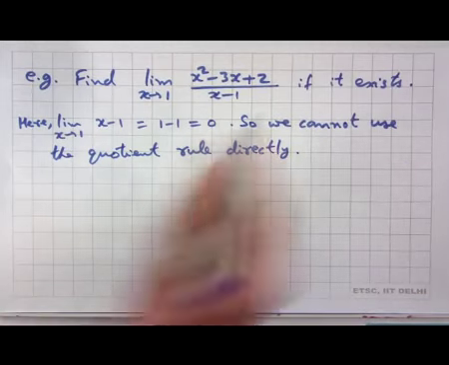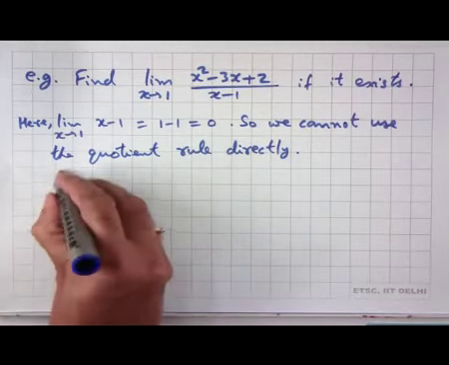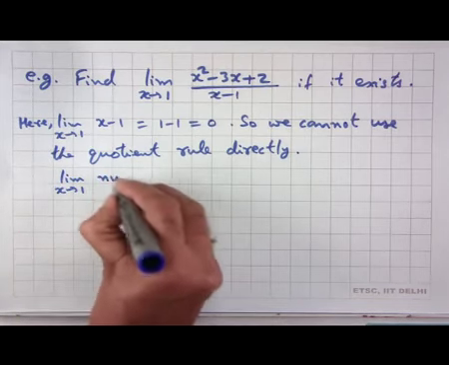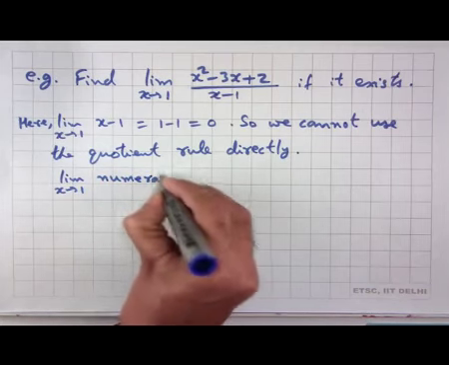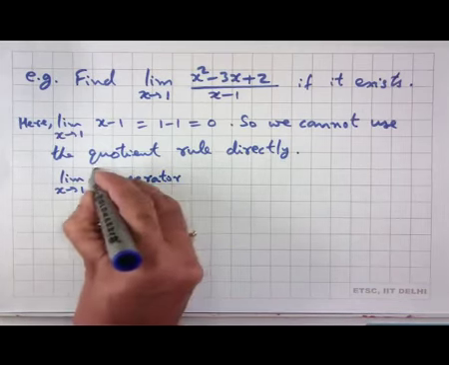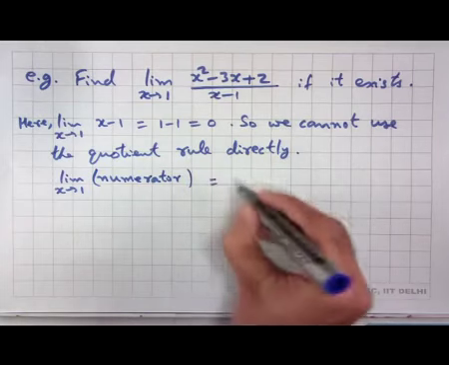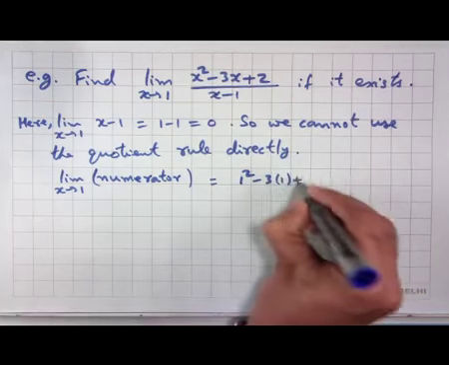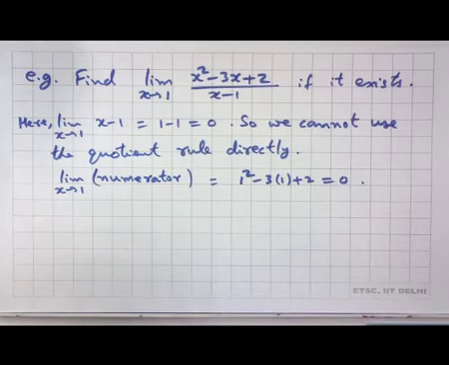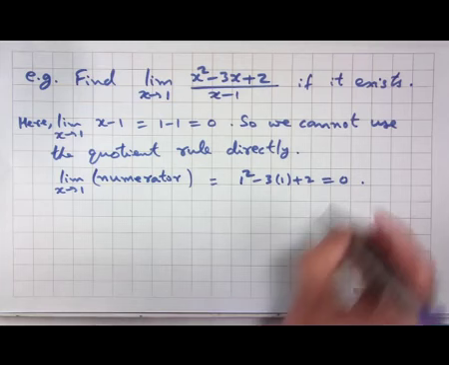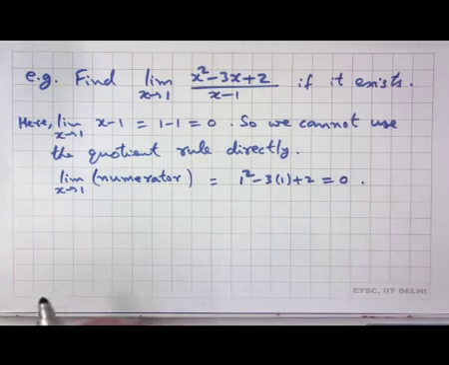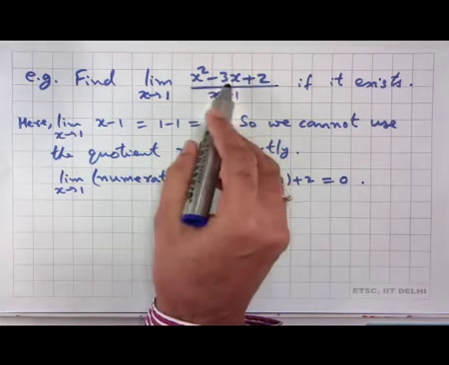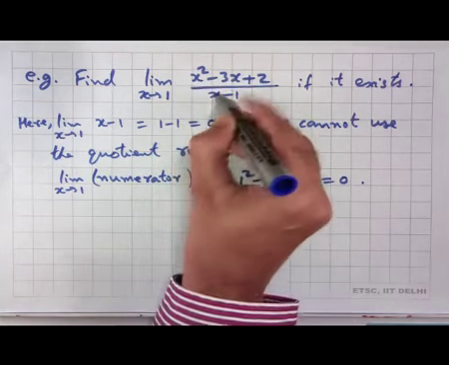But if we see the limit of the numerator, that is again 1 square minus 3 times 1 plus 2, which is also 0. So, the limits of the numerator and denominator are both 0. In fact, at x equal to 1 the numerator and denominator both are 0.